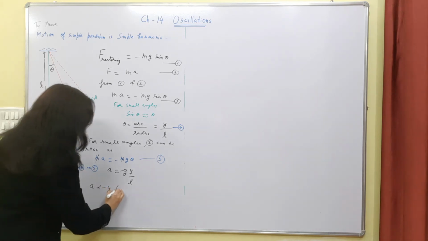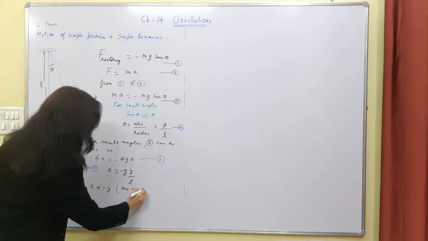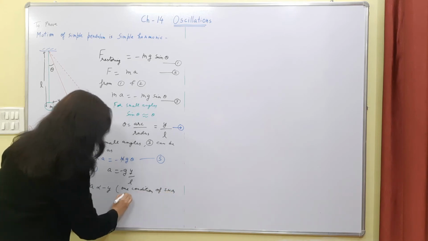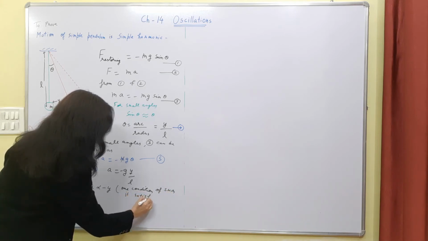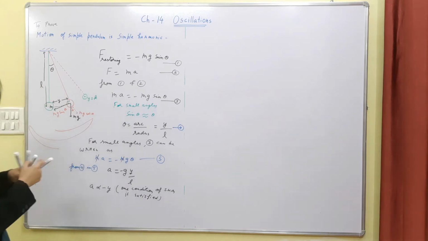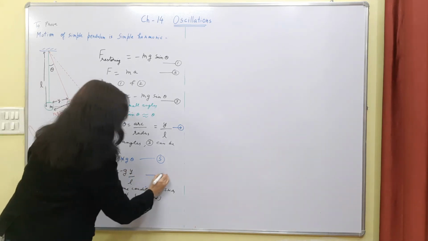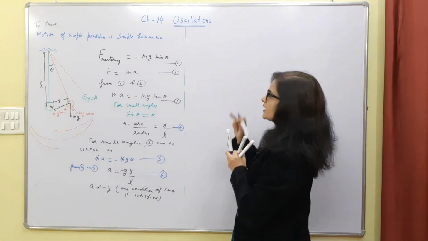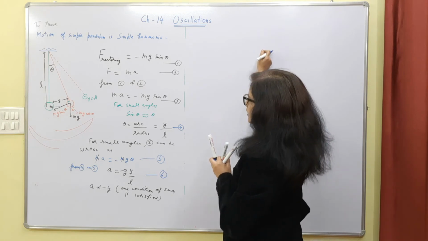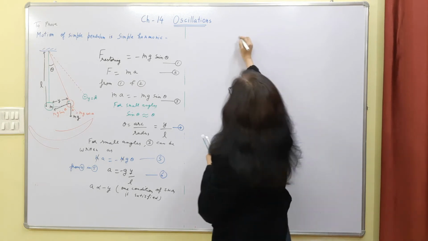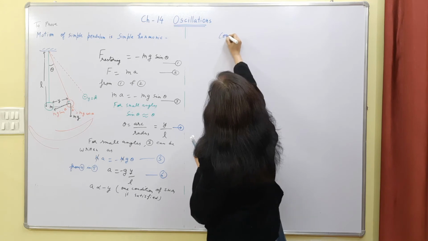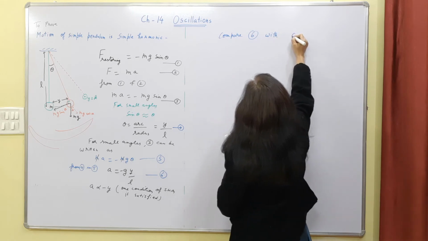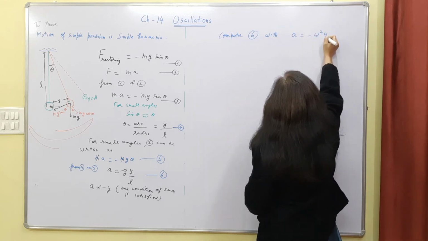So you can say that one condition of SHM is satisfied, right? Now if I write this as equation 6, I can compare equation 6 with the acceleration for SHM, a is equal to minus omega square y.